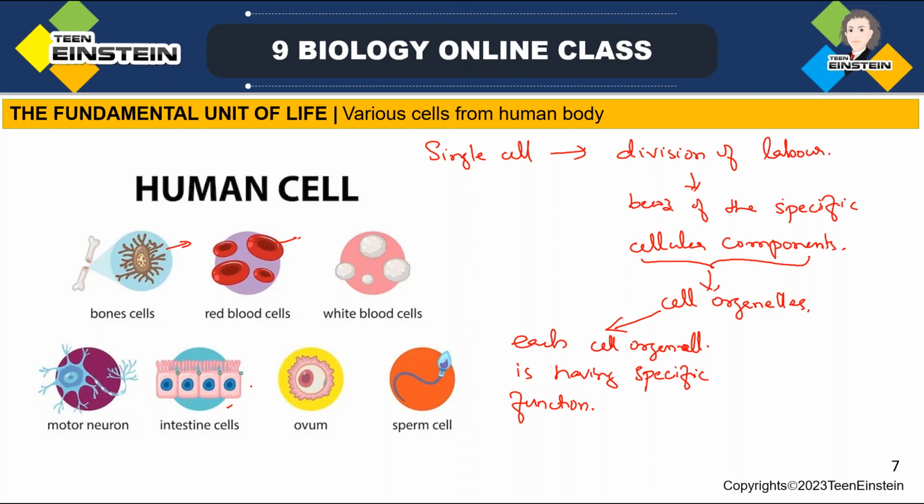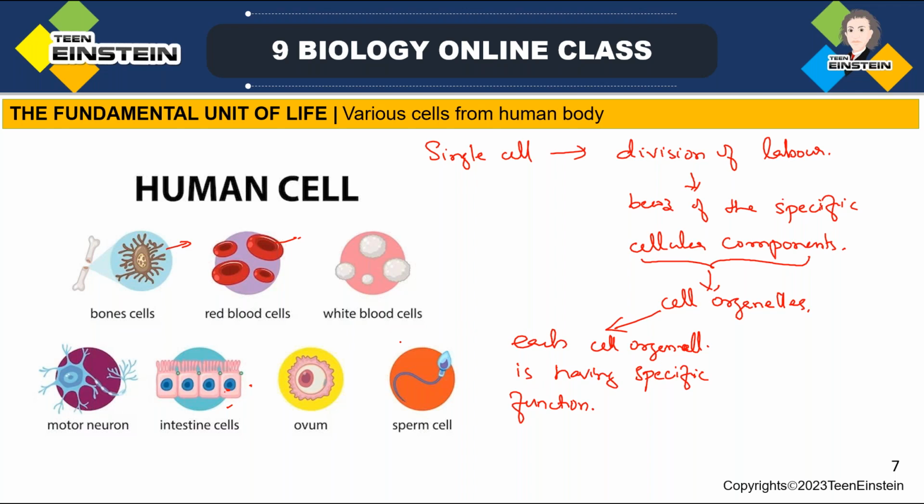Whether it is intestinal cells or bone cells, each cell will have specific cellular components or cell organelles, and these cell organelles have their own function. So wherever it may be, each cell has its own function.